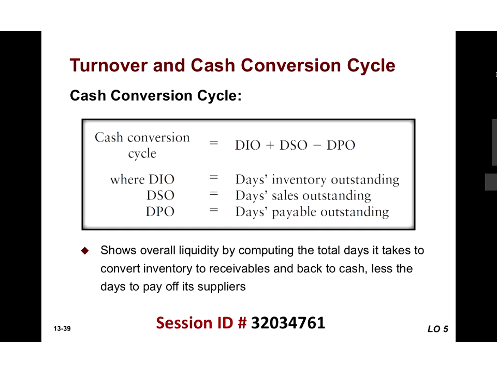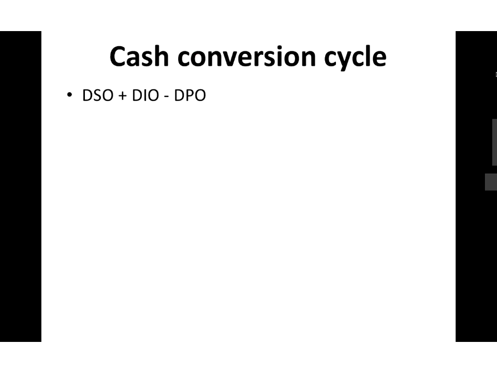So cash conversion cycle is computing the total days it takes to convert inventory to receivables back to cash, less the days to pay the suppliers. You want it to be as short as possible because cash is king. You want to collect the cash. So it's your days sales outstanding plus your days inventory outstanding minus days payable.